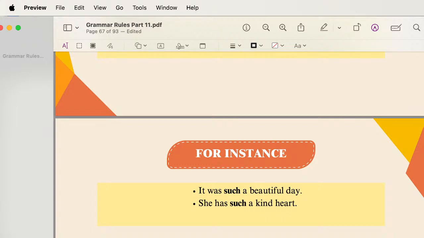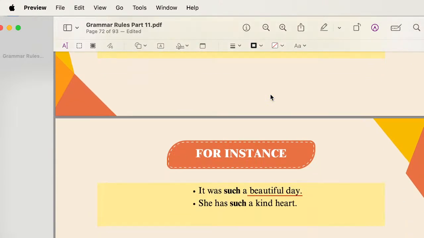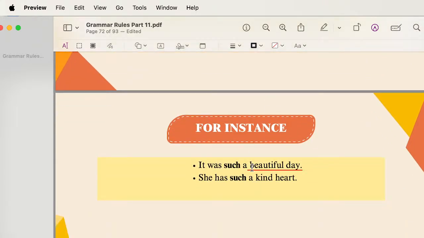You never say she has so a kind heart. Beautiful day, of course, beautiful is your adjective, but here you are specifically focusing on the noun phrase.